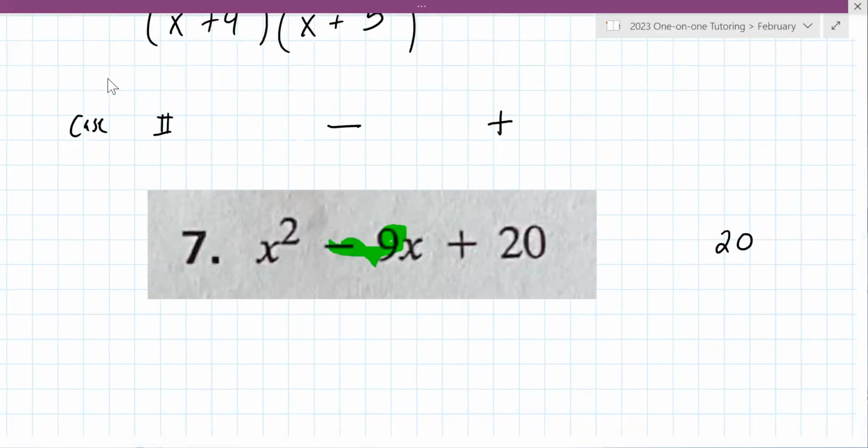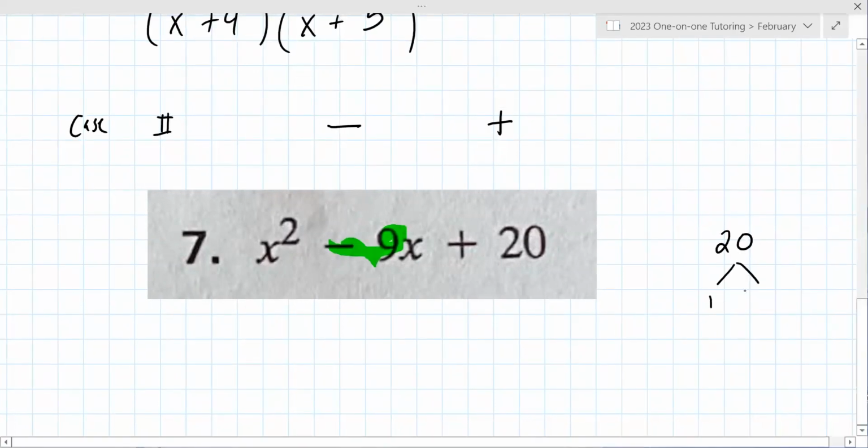Okay, -9. So if you start out, if you're like, well, it's 1 and 20, these add up to a positive number. So the other possibility, though, is, what if they were both negative? Is -1 times -20, does that multiply to 20? Yeah. It does. And then it adds up to a negative number. -2, -10, -4, -5.